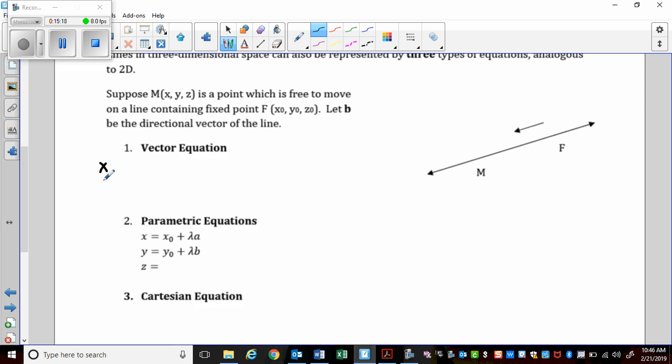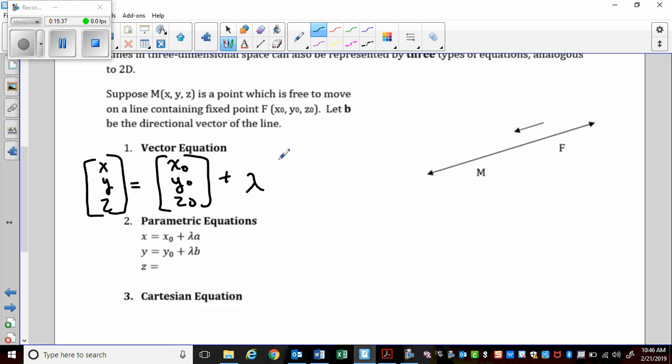We're just going to add another variable. This is still the initial. We say x naught, y naught, and z naught for initial, or when we have that sub-zero. And then this is lambda, same thing as our time, times the directional vector.